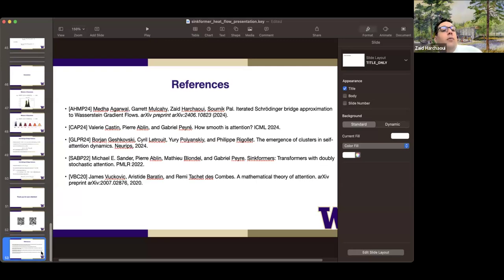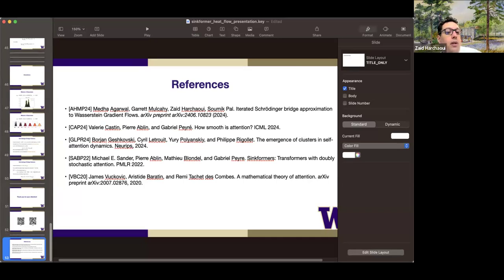And I'll end with some references, to also share my enthusiasm for other works. This is the paper by Sander, Ablin, Blondel, and Perret, which inspired this work. But I also point out two other papers that I found very inspiring.